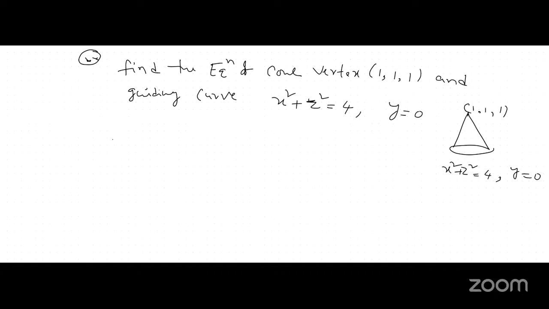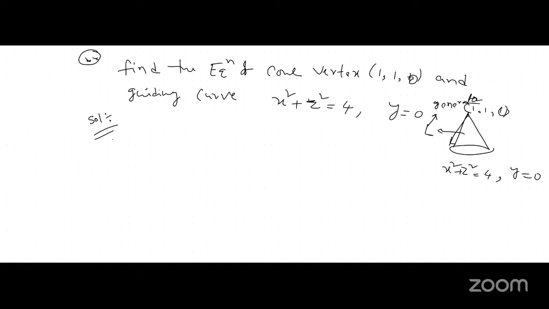Now see the solution here. So the point on the curve is 1 comma 1 comma 0, sorry, this is 1 comma 1 comma 0. So this is the line L, and this is called the generator.